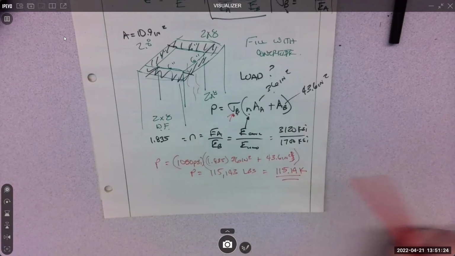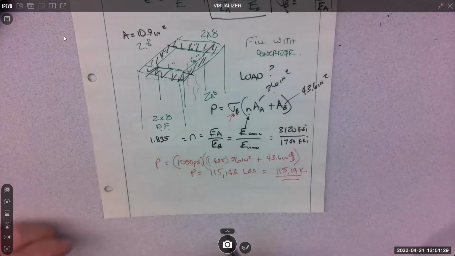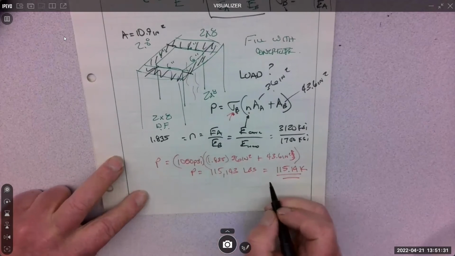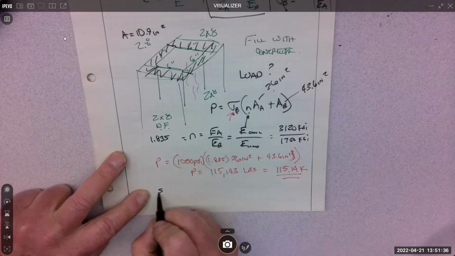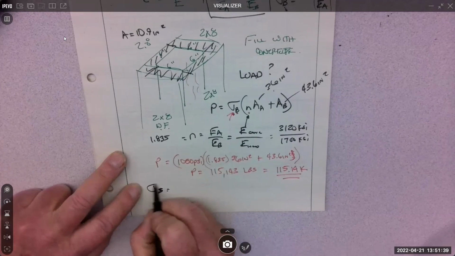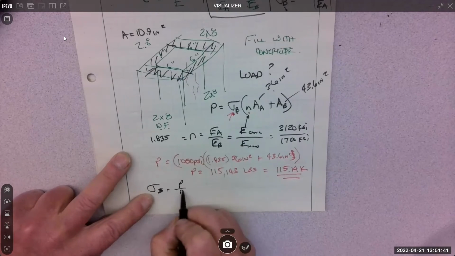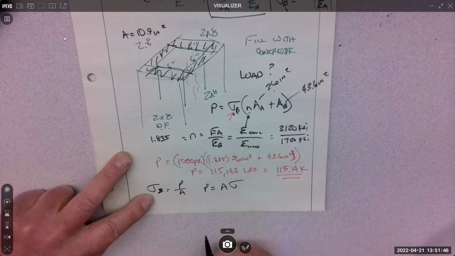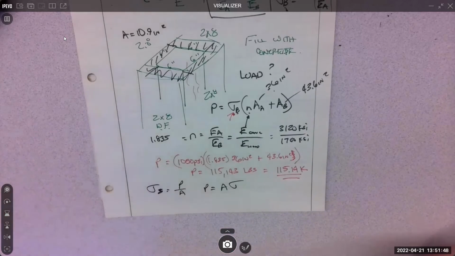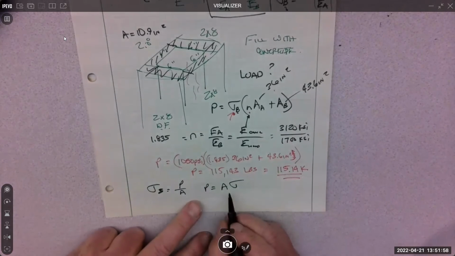So that's a lot of load. Like if it was just concrete alone, let's just calculate that. So if it's just concrete, and I want to know the load, I know stress equals P over A. So P equals A times the stress. What was the concrete maximum stress? 3 KSI compression, yeah. 3,000 PSI here.